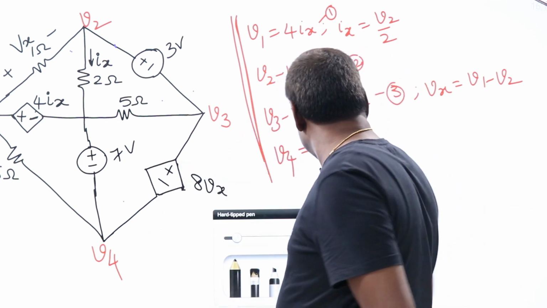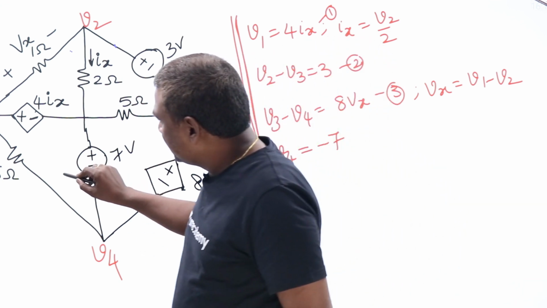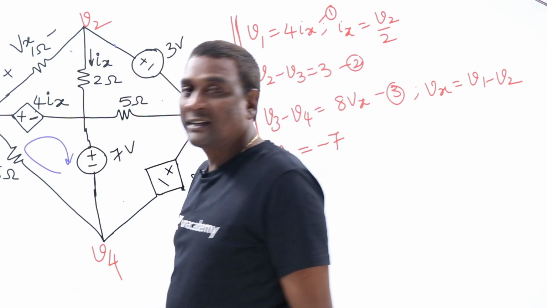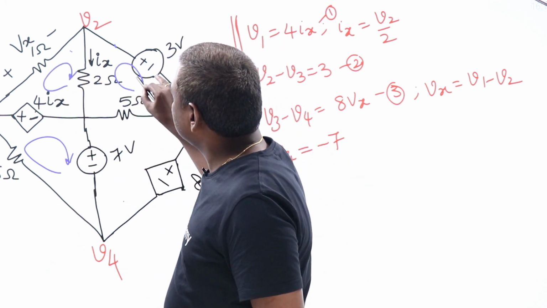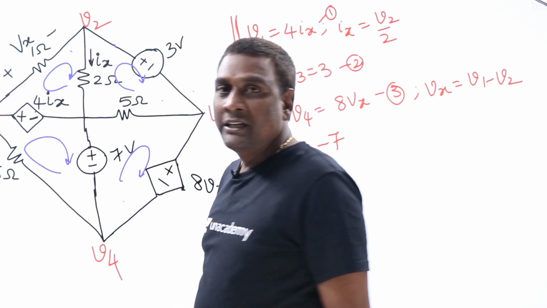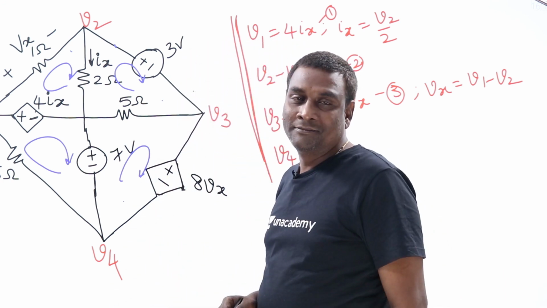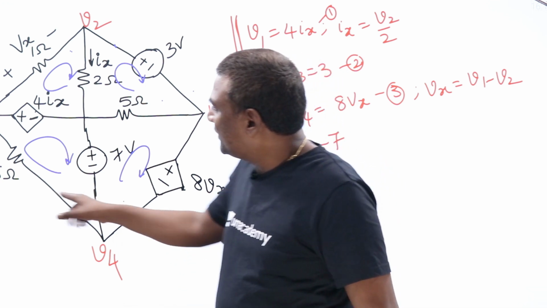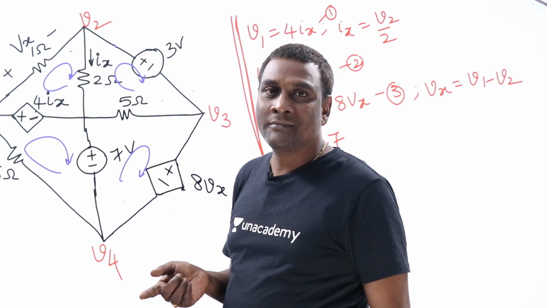Okay, so for this problem, if you are trying to apply mesh analysis, voltage rises equal to voltage drops. Mesh analysis. If you try to apply mesh analysis for this, 4 equations will come. Okay, 4 equations, because everywhere voltage sources are only, mesh analysis meaning KVL.